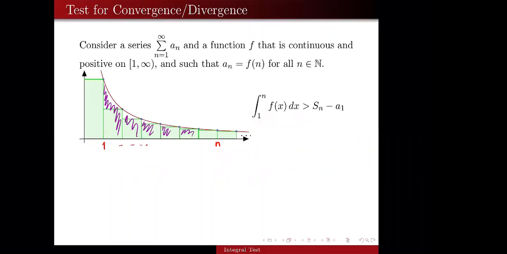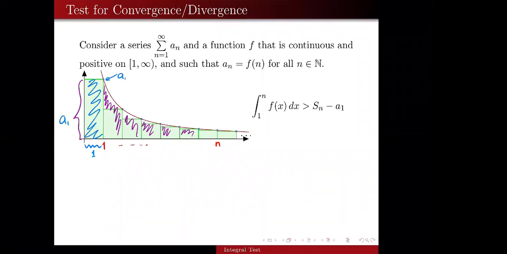And as you can see, this area here, let me get this part. The area of this rectangle, since this is your A1, correct? That's your A1. The height is A1. This guy here, the width, it's just equal to 1.